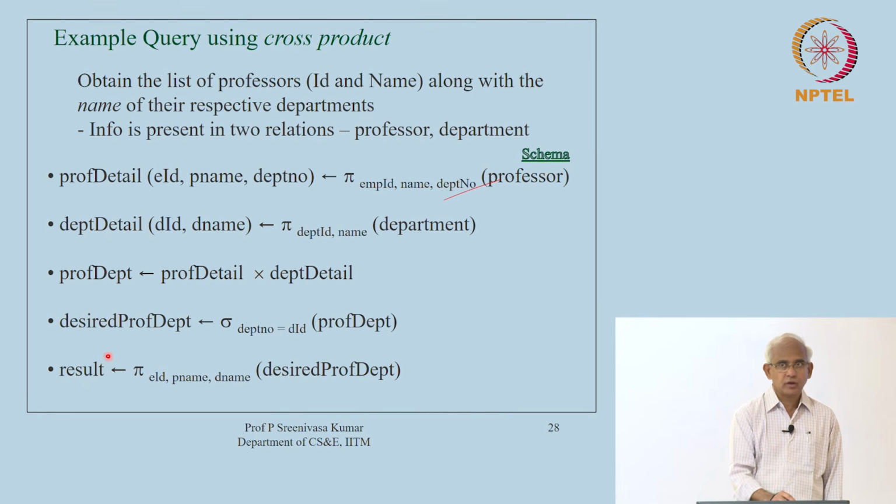I want you to follow this kind of style of writing where we put sub expressions on the right hand side, assign them to meaningful intermediate relations with appropriate naming for the attributes if necessary, and then combine them, using one line for each of the operators we require, and finally produce the result.